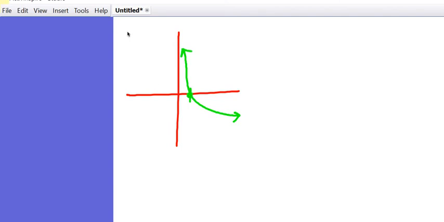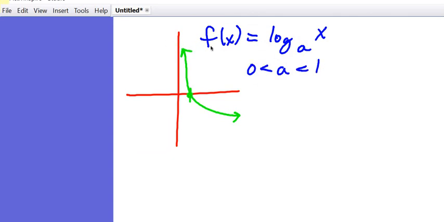This is the function f of x equals log base a of x, where a is between 0 and 1. In other words, a fraction, like 1/2 or whatever. And this is the inverse of the decay function of exponentials.